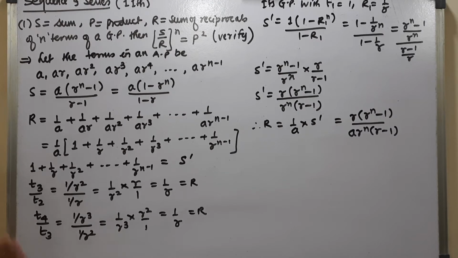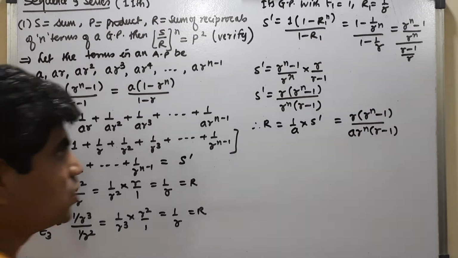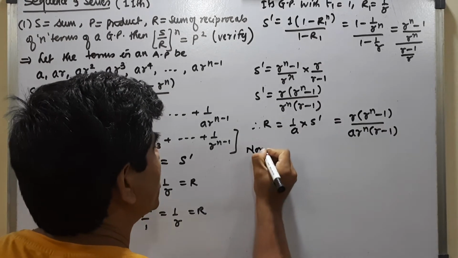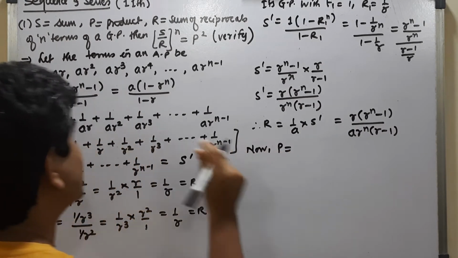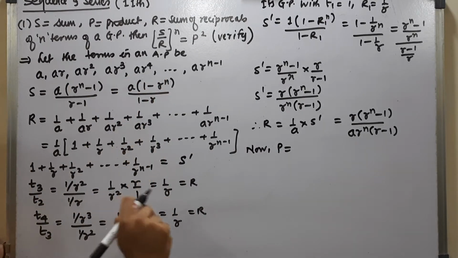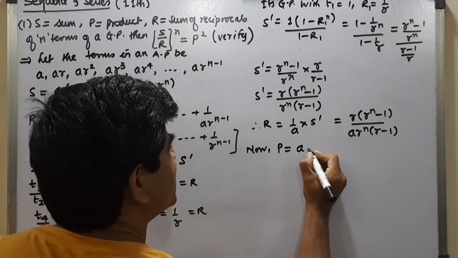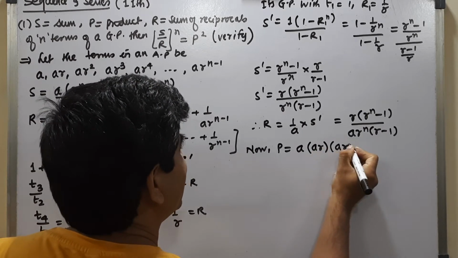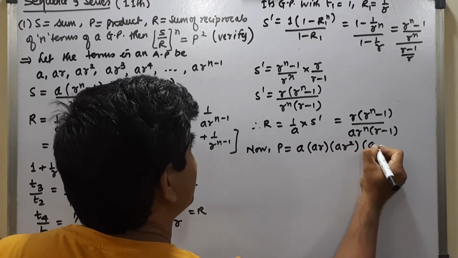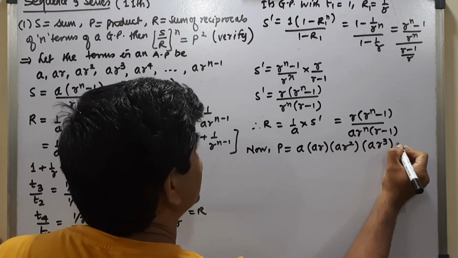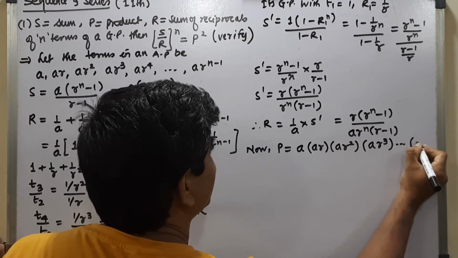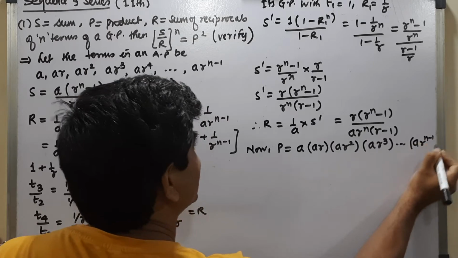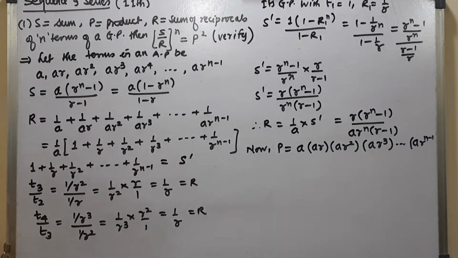Okay, I got r, I have already got S, now I need to get p. So now p is equal to product, it is telling, na? So the product of all the terms in a GP, that is a multiplied by ar multiplied by ar square multiplied by ar cube multiplied by and so on till ar raised to n minus 1. Agreed?